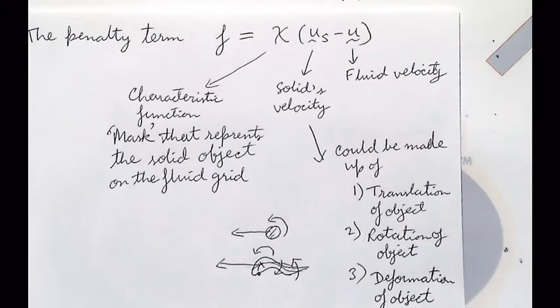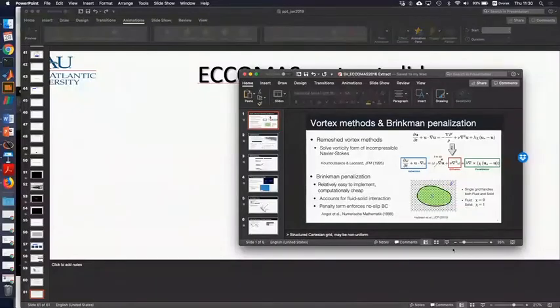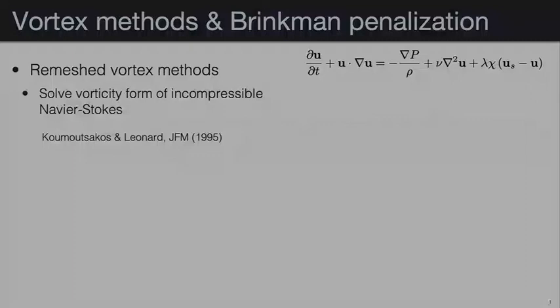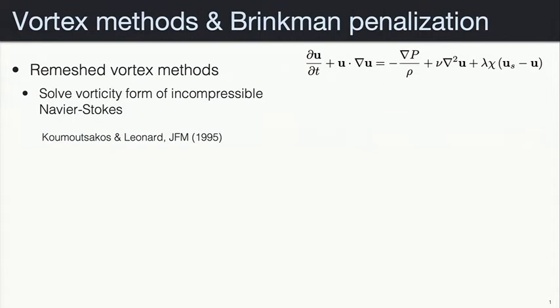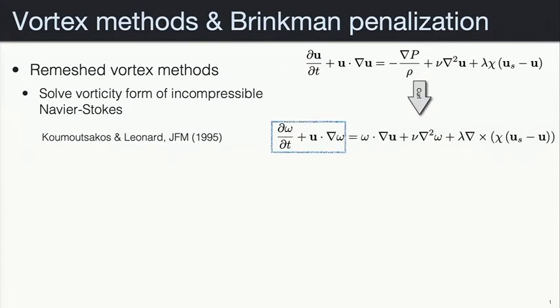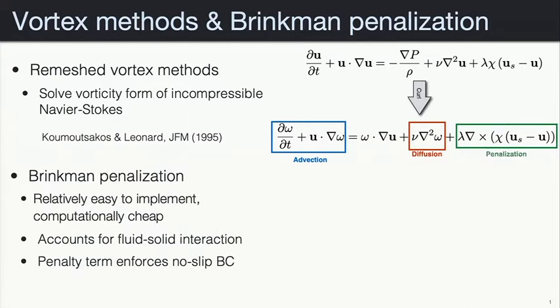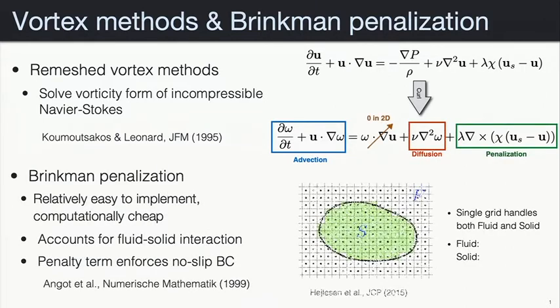So chi is the characteristic function, U_s is the solid velocity. What does that mean? I should stop using the presentation. What that means is, if I have my solid at this location, that would be my potato.